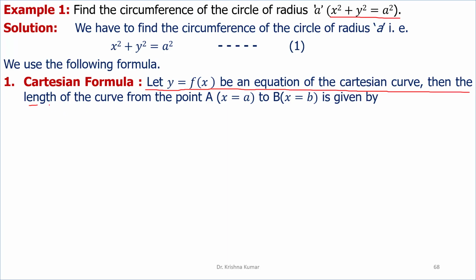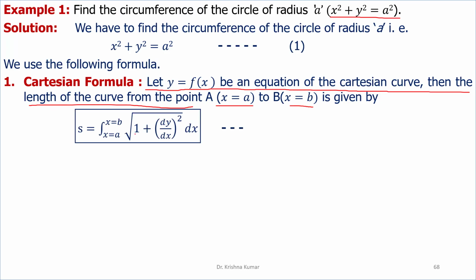Then the length of the curve from x equal to a to x equal to b is given by s is equal to integration from x equal to a to x equal to b of root over 1 plus (dy/dx) whole square with respect to x. Since the given curve is a Cartesian curve, we are using the Cartesian formula to find the rectification of the circle, or the perimeter of the circle, also called the circumference of the circle.